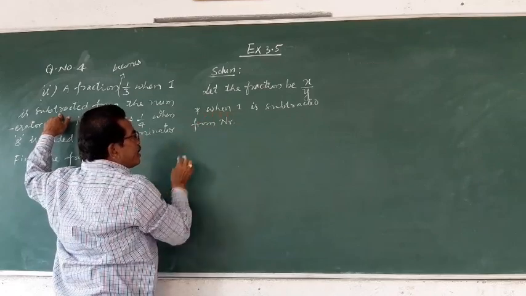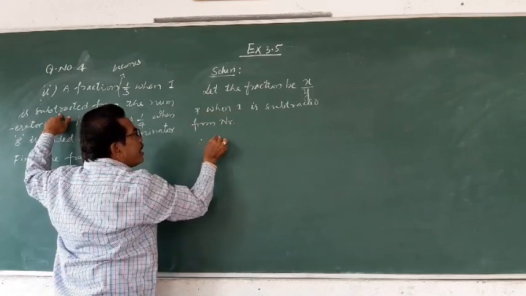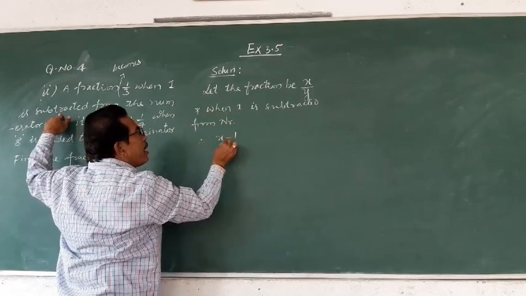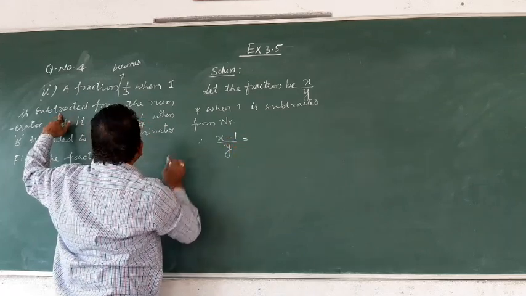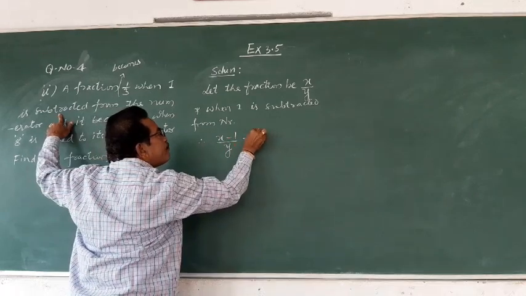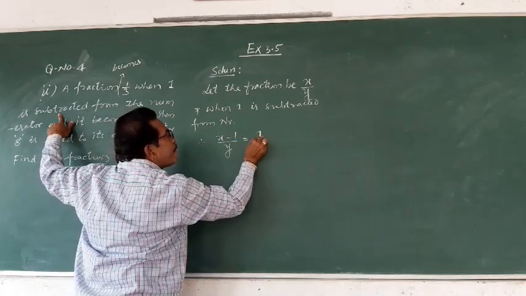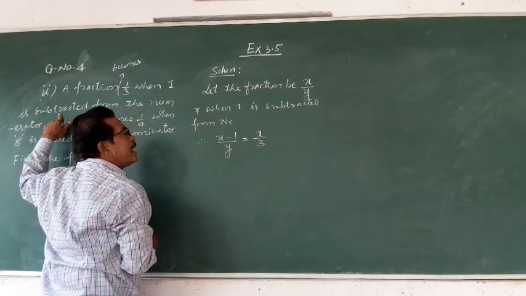Therefore, x minus 1 divided by y equals 1 by 3.